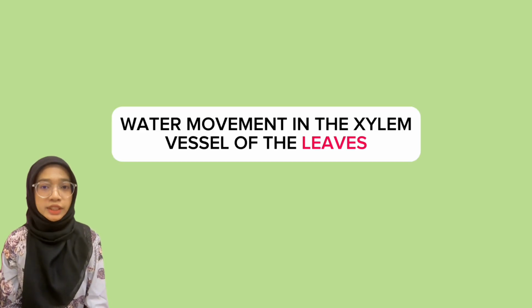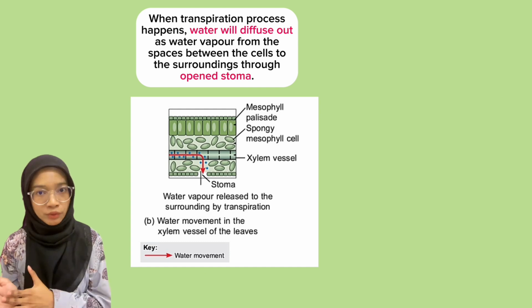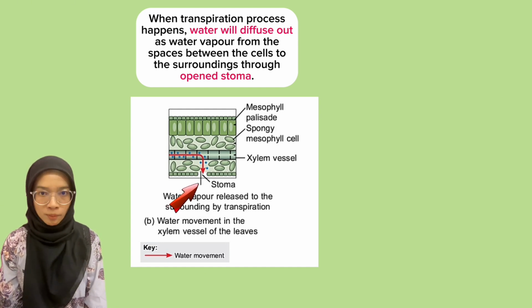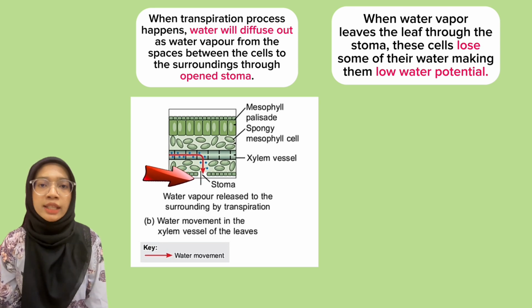Lastly, we have water movement in the xylem vessels of the leaves. When the transpiration process happens, water will diffuse out as water vapor between the cells to the surrounding through open stomata. Inside the leaf, there are spongy mesophyll cells that hold water. When water vapor leaves through the stomata, these cells lose some of their water, making them low in water potential.